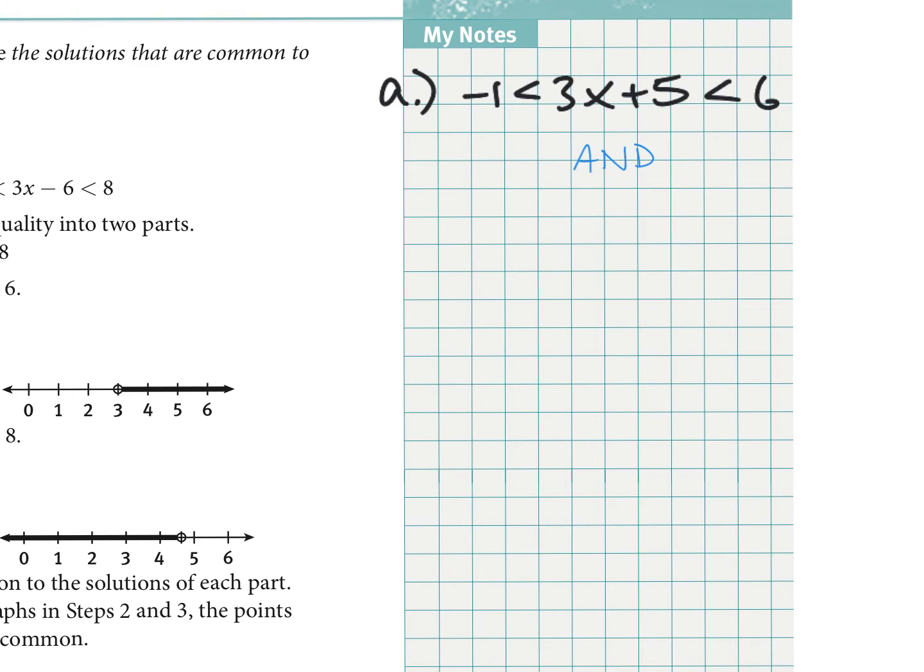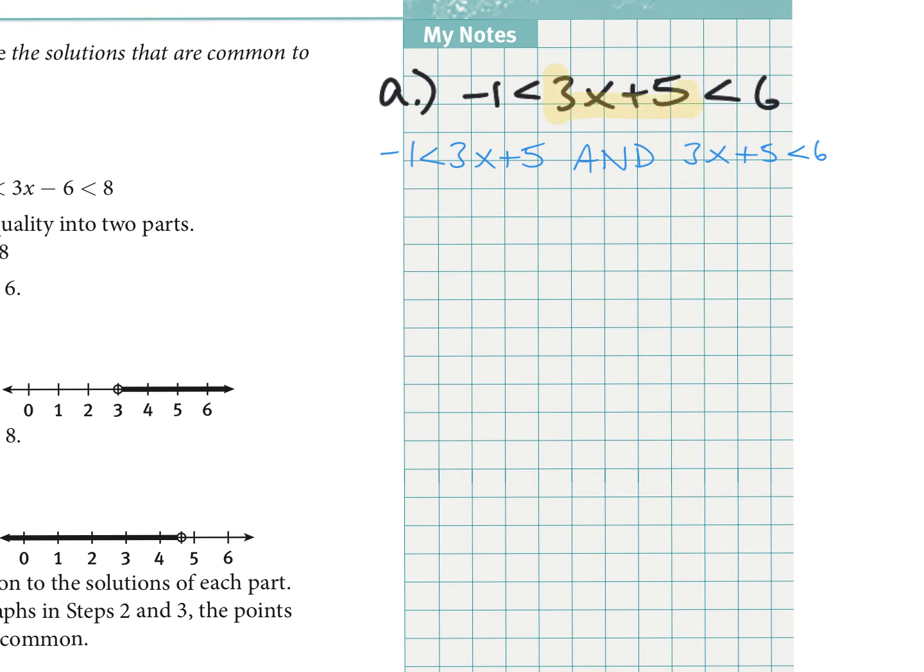So -1 is less than 3x plus 5. And then we're going to fill in the other part, where we take that same 3x plus 5, and it's going to be less than 6. So we're going to write that down as well: 3x plus 5 is less than 6.